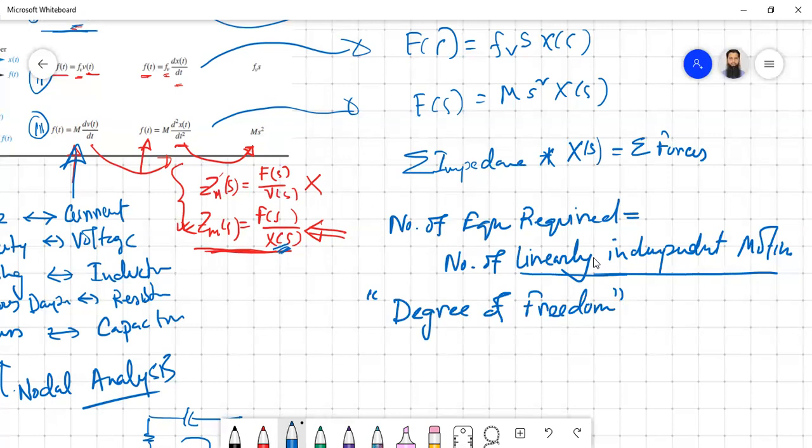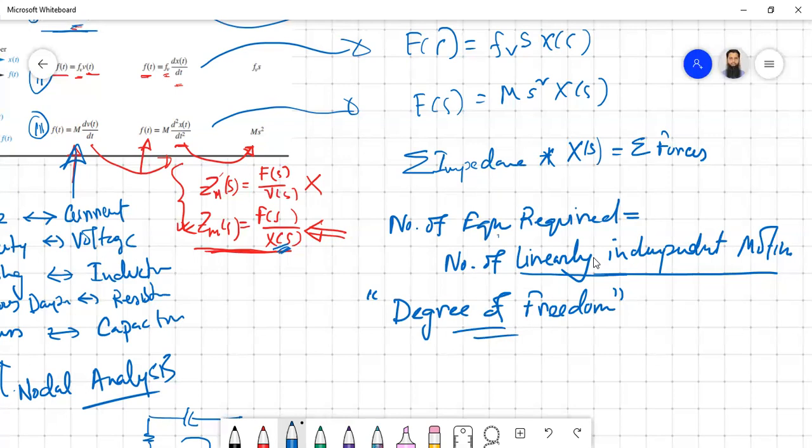In our electrical system as well, what we have is superposition. So linearly independent motion, or degrees of freedom, implies whether superposition can be applied or not.